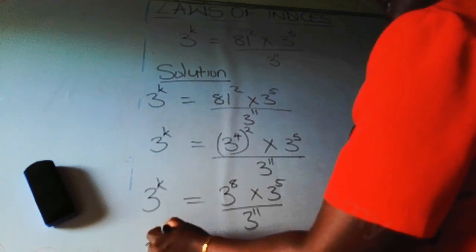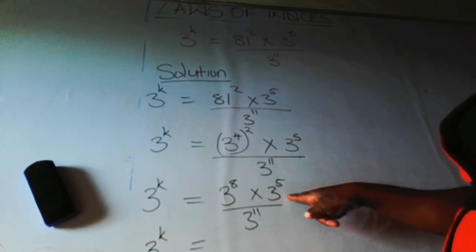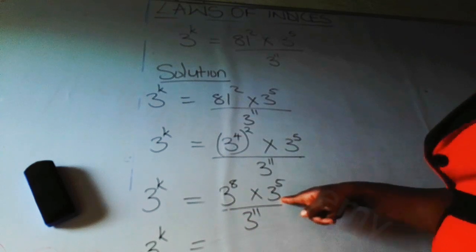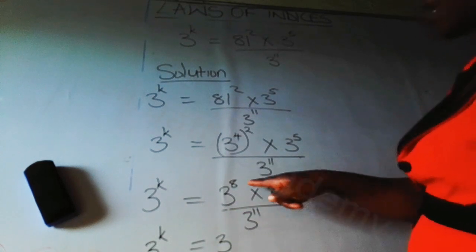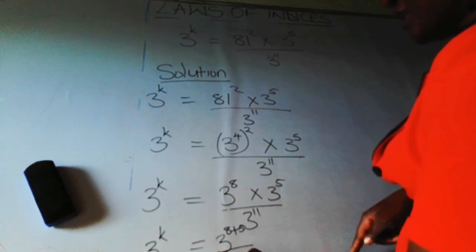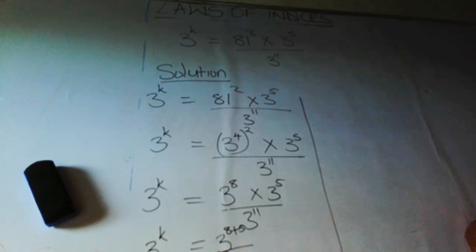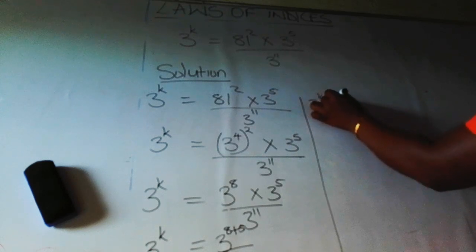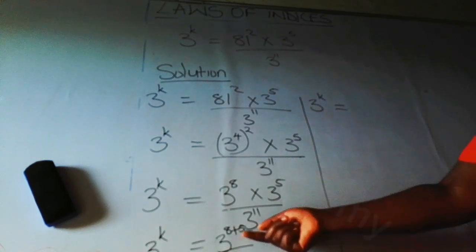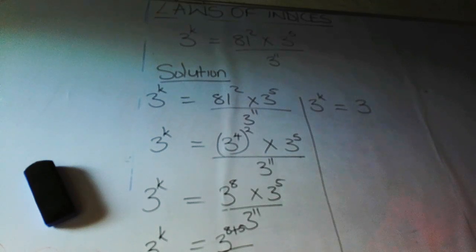So we now have 3 to the power k is equal to, we are multiplying these, the bases are the same, so we now have 3 to the power 8 plus 5 over 3 to the power 11. What is 8 plus 5? 13.